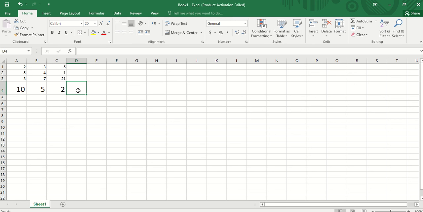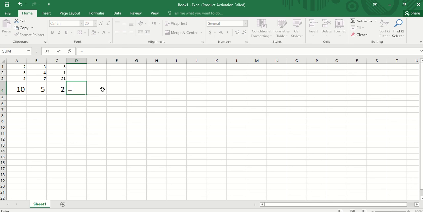As you can see, now we have to add these two numbers, and multiply the answer by this number. What is the cell number of this? A4. Of this? B4. Of this? C4. Now we start. First we write the equal to sign.